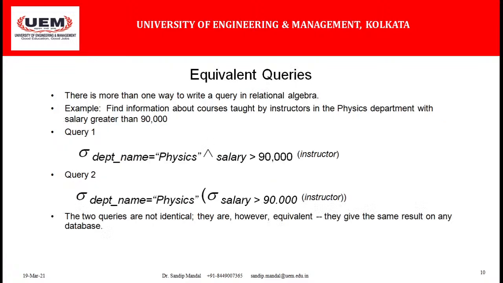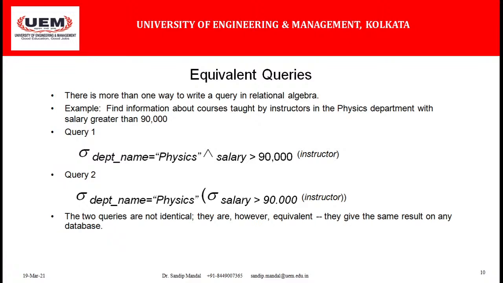So next are the equivalent queries. Equivalency means there is more than one way to express the relational algebra, like in SQL. In SQL you may use a select operation or some different kind of operation to project the same result. Same here in relational query language, you may use different queries.